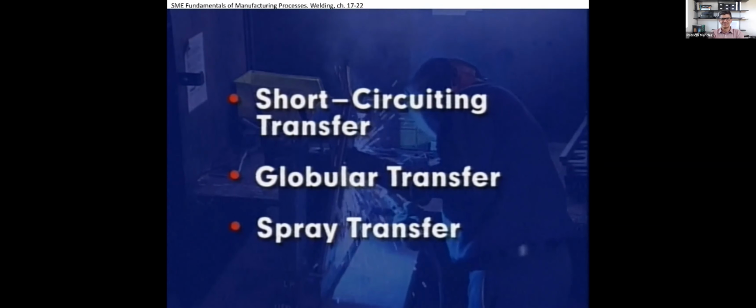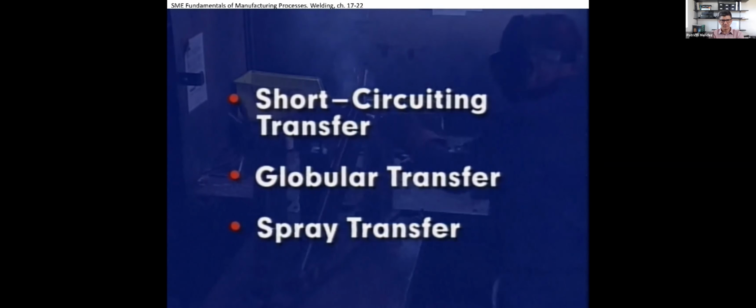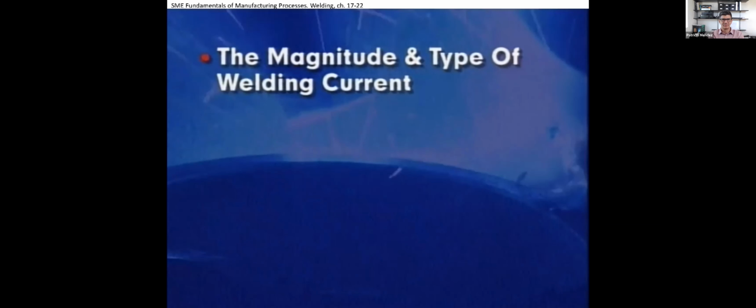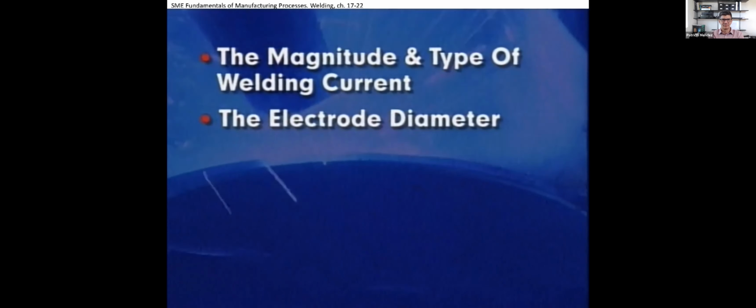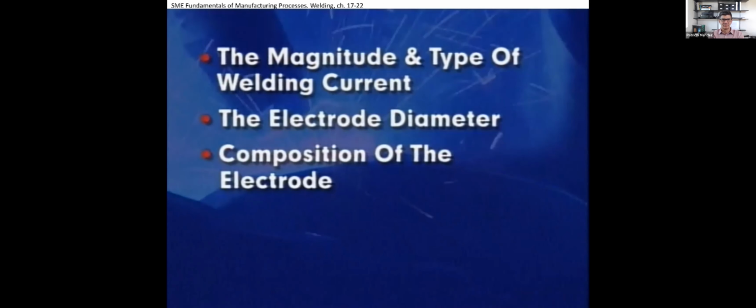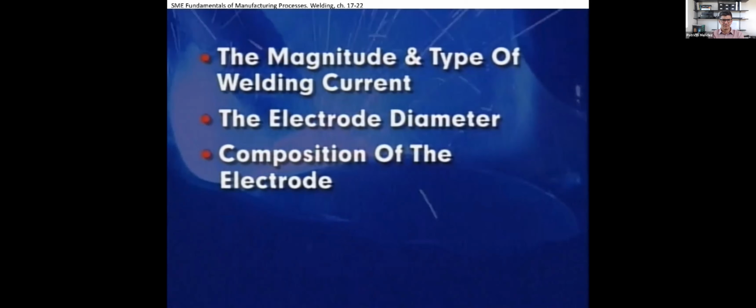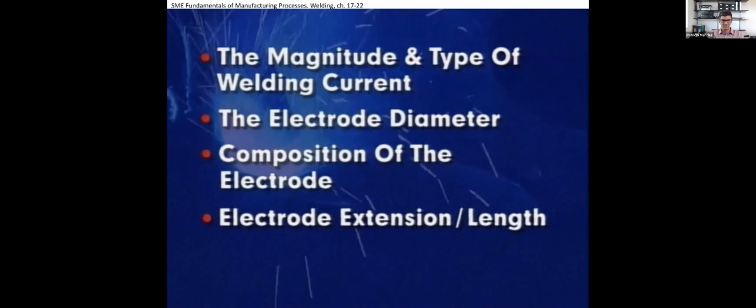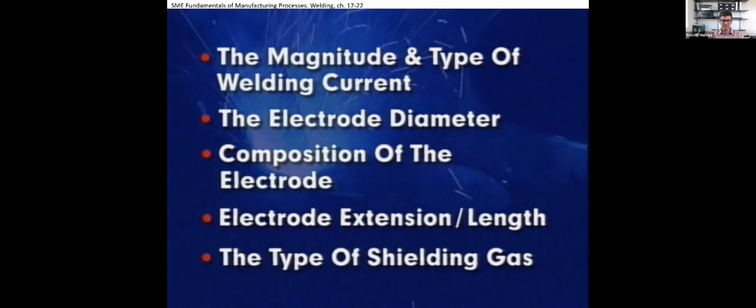The type of transfer is determined by a number of factors, the most significant including the magnitude and type of welding current, the electrode diameter, the composition of the electrode, the extension or length, and the type of shielding gas.